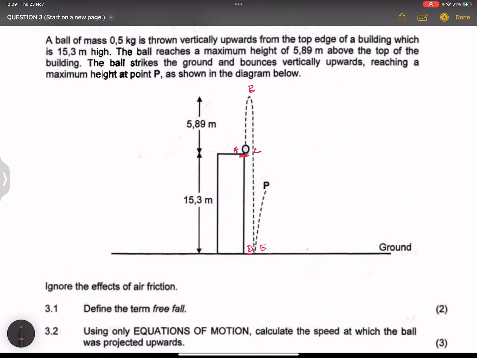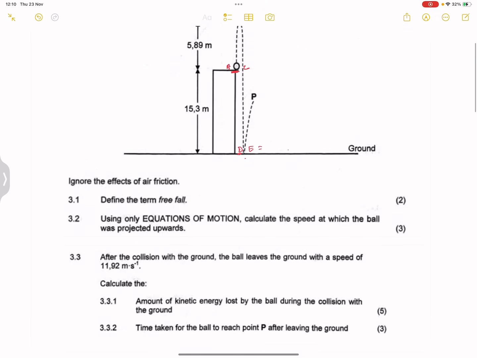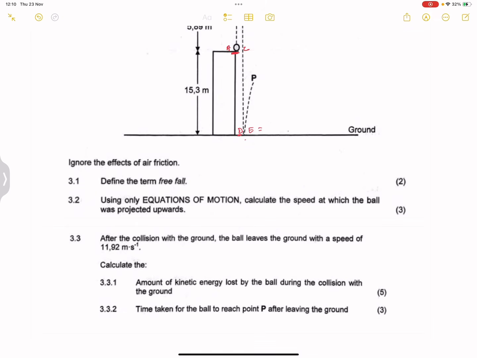So in this case we want the velocity at d, so that we can now compare the two kinetic energies between d and e. And remember, we are given the velocity when it left, which is at e, which is 11.92.